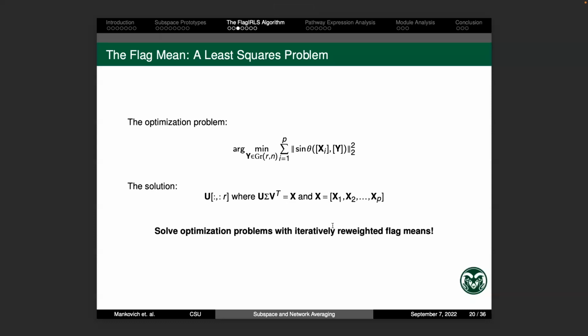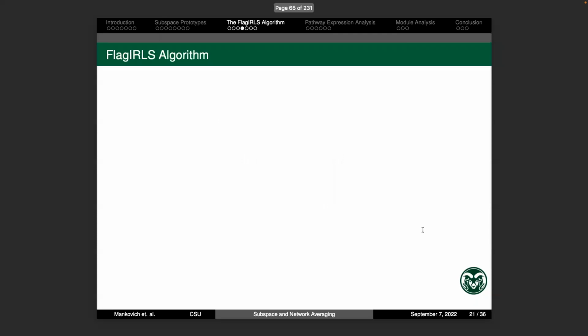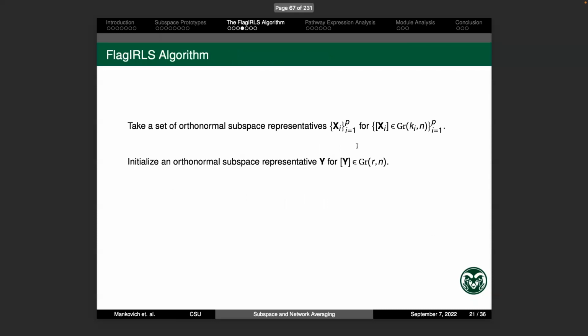So now the idea is what happens if we solve optimization problems with iteratively reweighted flag means. That's literally all that flag IRLS is. We take a set of orthonormal subspace representatives. We initialize a guess for the flag median, or whatever optimization problem we're trying to solve.